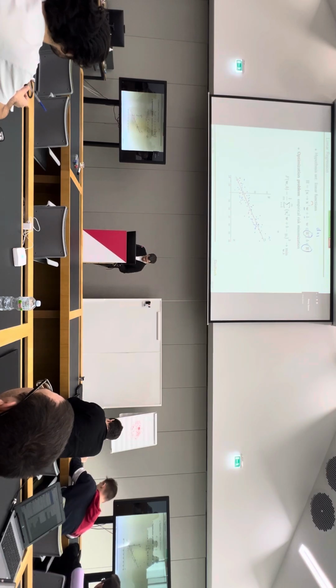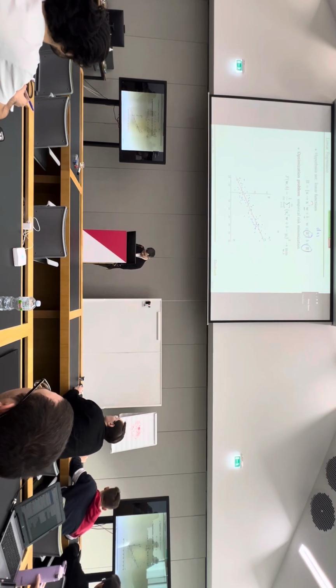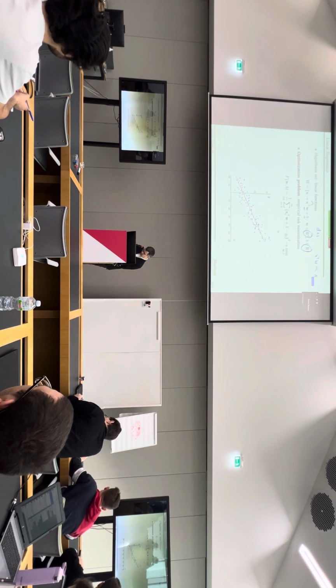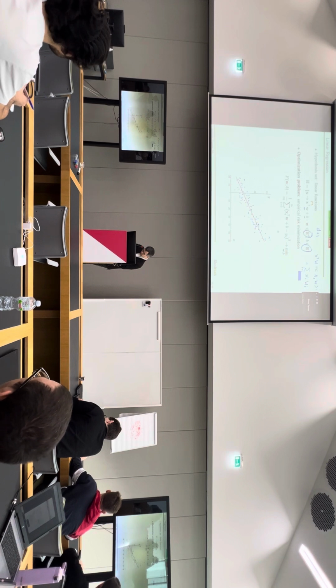Okay, maybe it's not the best notation here, so I want to clarify a bit. If we have a scalar product of two vectors, we can also write it down like this, and formally it is the sum of x_i w_i, i from 1 to d. The notation is from linear algebra.